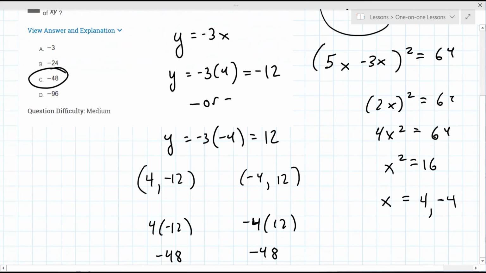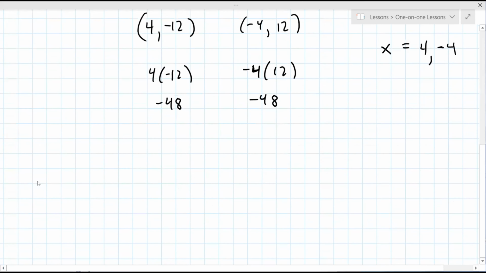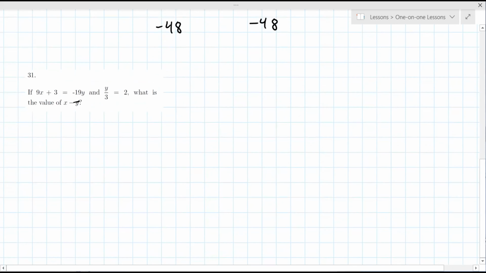But what you're doing here is using the result from solving the system. Instead of x minus y, let's just find x times y. So you're going to use this information to solve for x and y, and then put that back in to find x times y. All right. So 9x plus 3, plus 2.